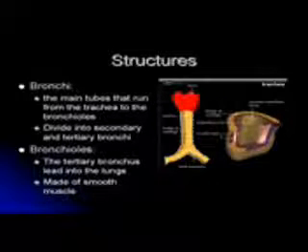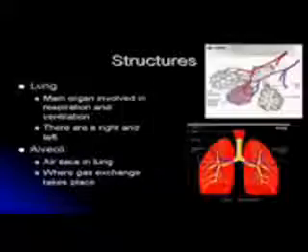They continue to divide up into different levels, secondary, tertiary, etc., until you get to bronchioles. The bronchioles are just much smaller tubes, and again, it continues to branch and web out. These are made of smooth muscle, and they continue to break down into smaller and smaller tubes.